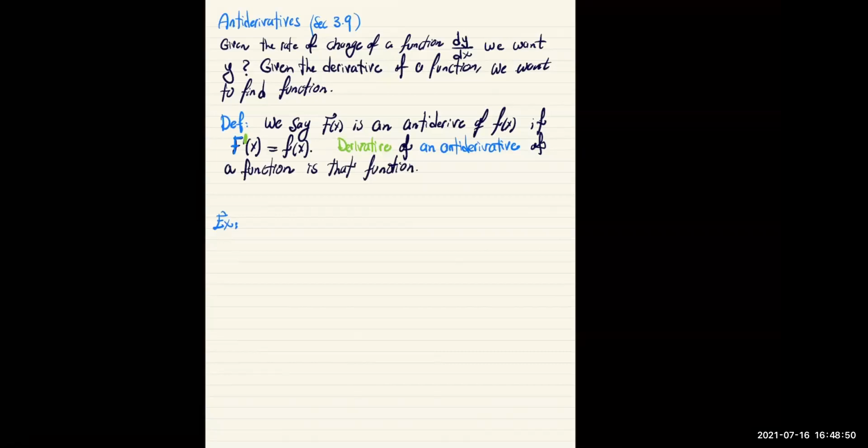So what this says is that the derivative and antiderivative basically do opposite things. Does this make sense? If this doesn't, please let me know.